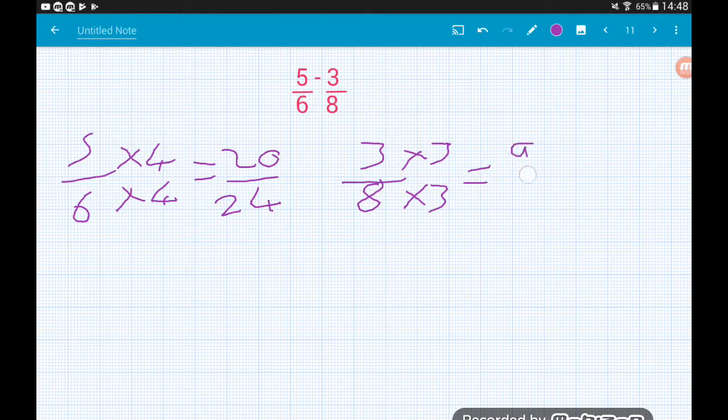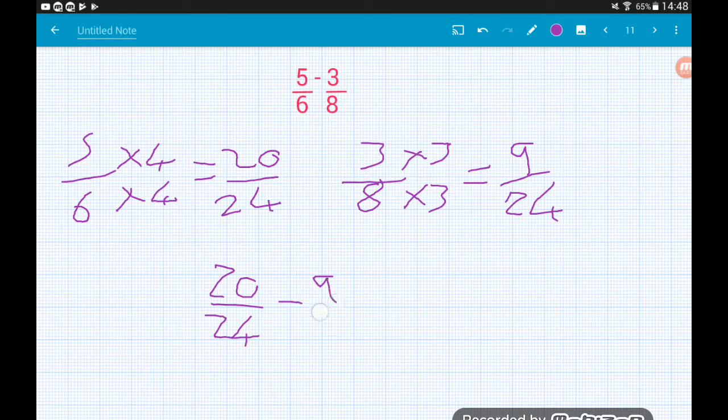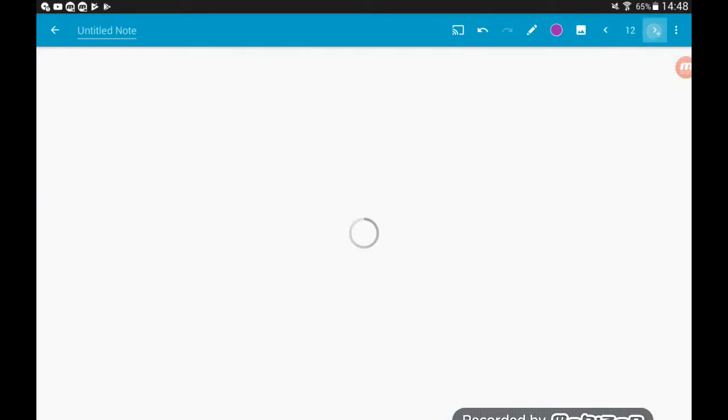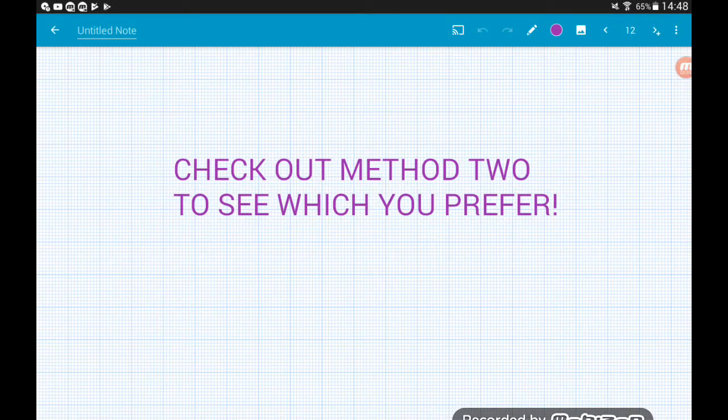So that's going to give us 9 24ths. So 5/6 minus 3/8 can be written as 20 24ths minus 9 24ths. And that's going to leave us with 11 24ths.